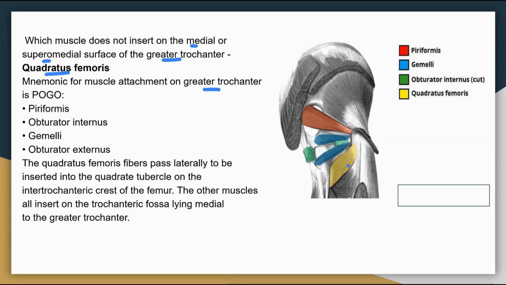However, the quadratus femoris muscle is inserted on the quadrate tubercle, which is present on the intertrochanteric crest on the posterior aspect of the femur. Now, piriformis, obturator internus, the gemelli and obturator externus, with the mnemonic of POGO, are going to be inserted on the greater trochanter. And we have discussed in the previous slide that the lesser trochanter has insertion from the psoas major muscle. So you need to know the origin and insertion of major muscles, which can be tested on the exam.